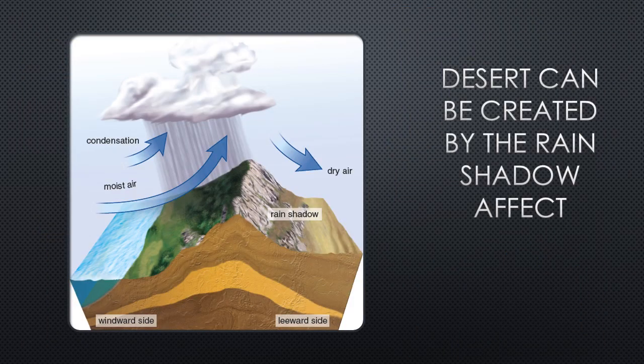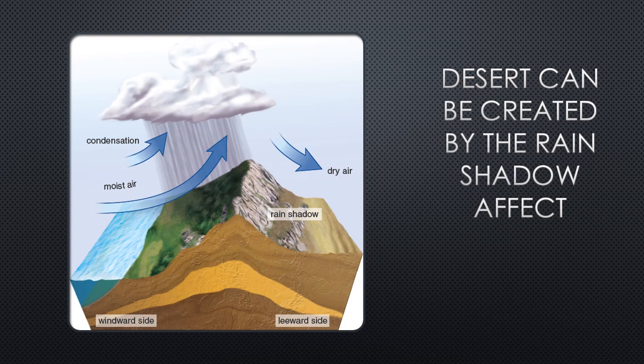So we've talked about how deserts can be based on altitude or latitude. But I also wanted to mention that deserts can be created by what we call the rain shadow effect. And I have linked an extra video for you guys to see if you want to take a look at that in a little more detail.